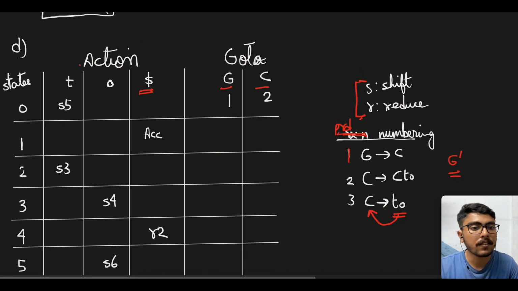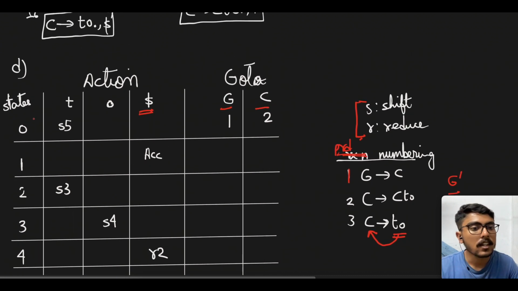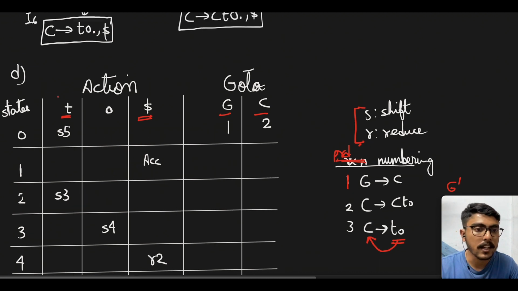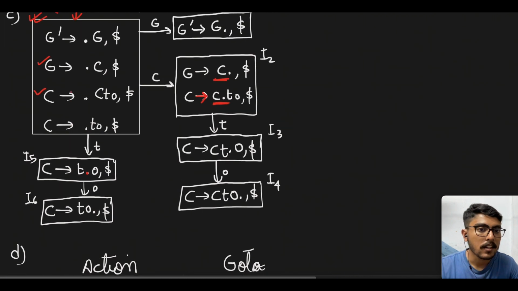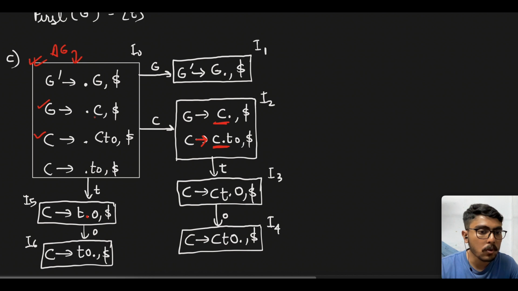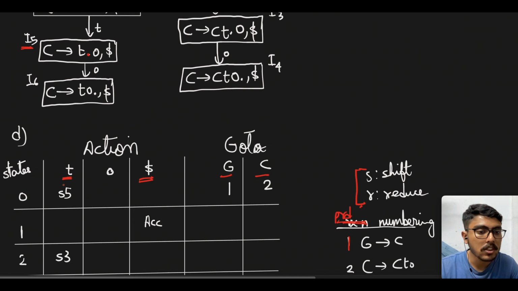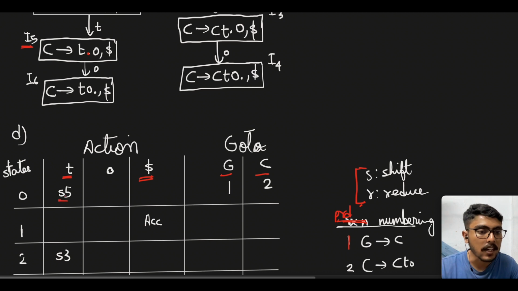So if we look at state 0, if T appears first, then we will have to go to state 5, right? So we will use shift 5 in the cell.